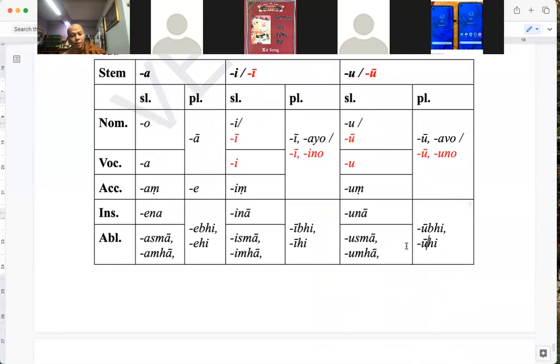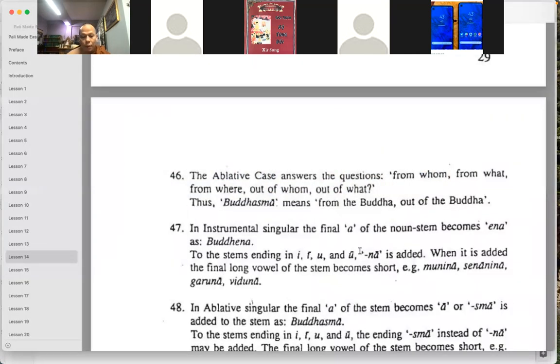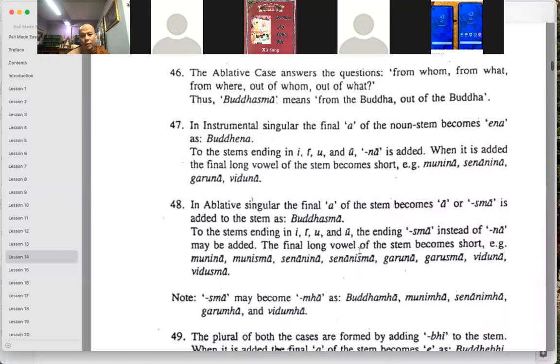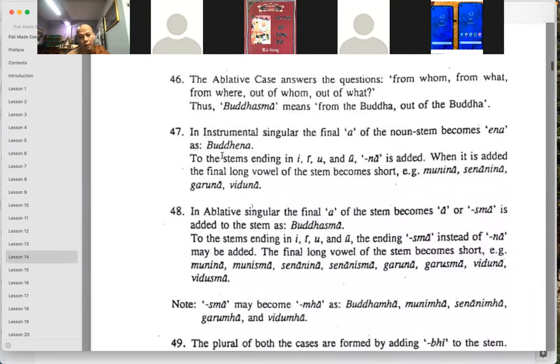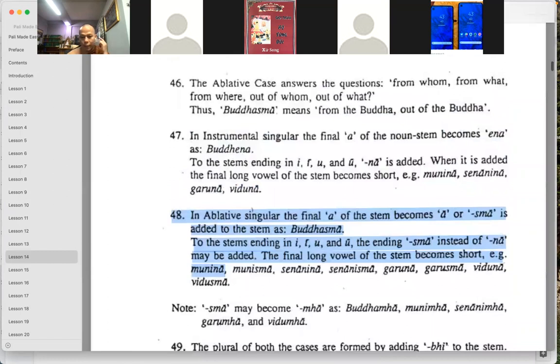Okay, now let's go back to the Pali Made Easy. In Pali Made Easy, paragraph numbers 47 and 48 we already learned. Here you see instrumental case singular, the final a of the noun becomes ena.